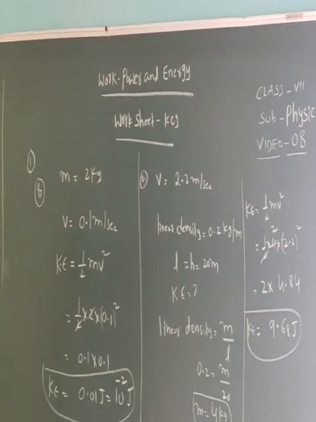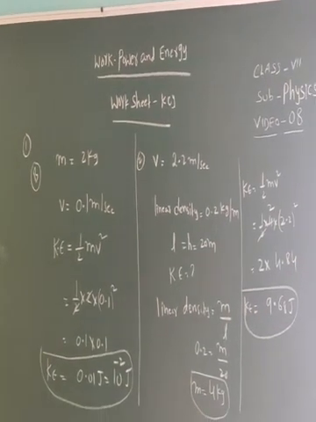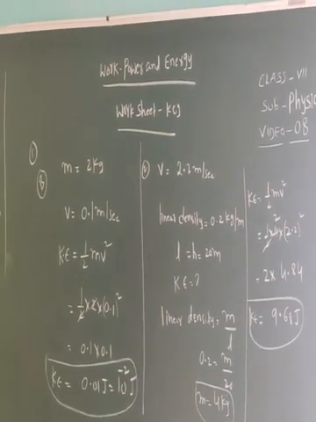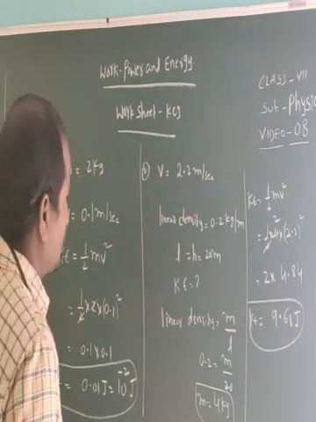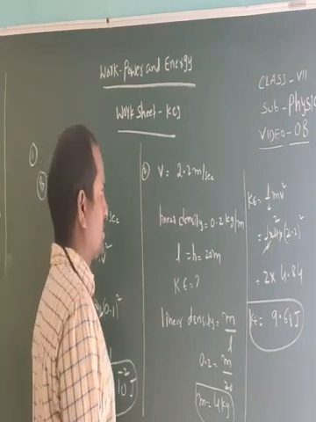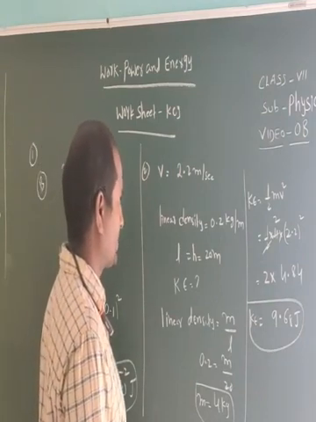Listen once again. Here linear density and the length are given. From these two we will get the mass value, because kinetic energy equals half into m into v square.